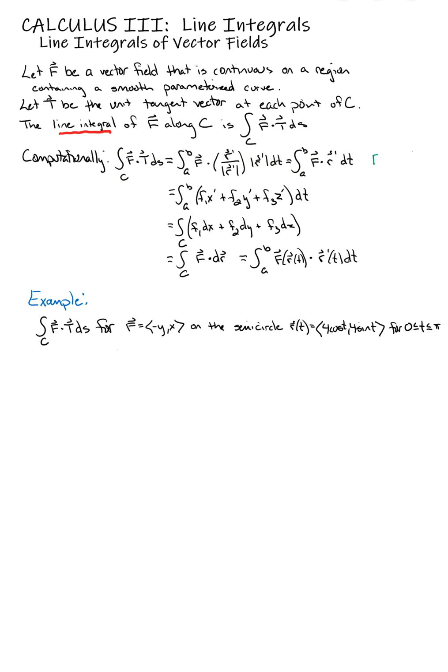Furthermore, if we denote our vector field f as f1, f2, f3 for its components, and r is the vector x, y, z, then notice we can actually rewrite this as the regular integral from a to b of the dot product, which gives us f1 x prime plus f2 y prime plus f3 z prime dt.